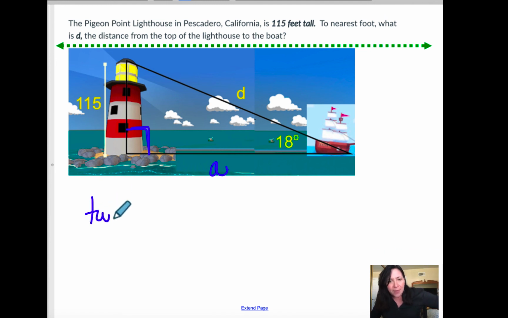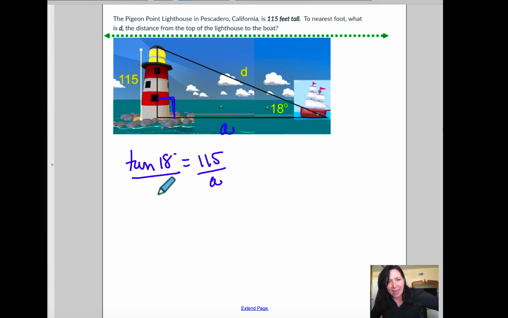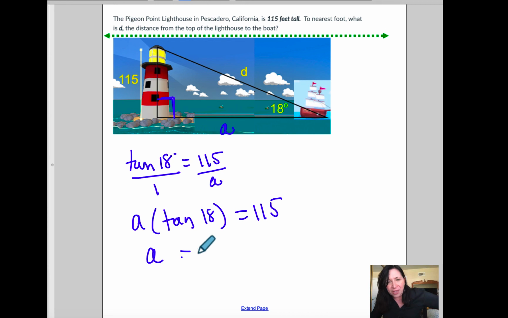So I'm going to say tangent of 18 is equal to the opposite side over the adjacent side. I'm going to cross multiply. And remember, I could have also used this angle up here, but I didn't choose to. A times tangent of 18 is equal to 115. A is equal to 115 divided by tangent of 18.